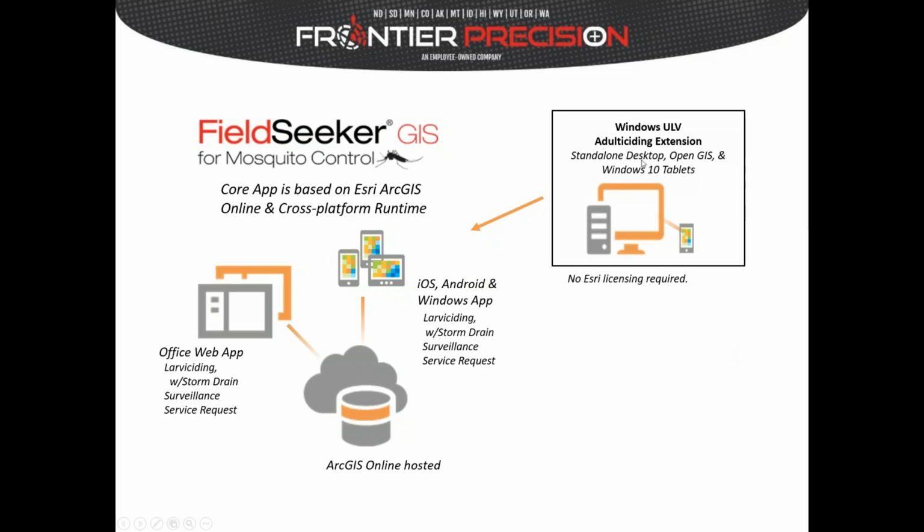But this is a standalone desktop system, and it's based on OpenGIS technology, so it does not require any Esri licensing, and it is built for Windows 10 devices because we have to have a 9-pin serial port connect to the current sprayers on the market to record the output from those.